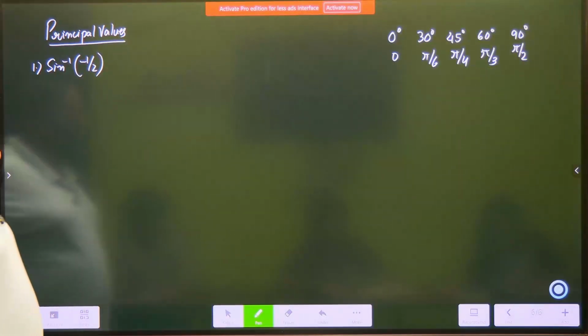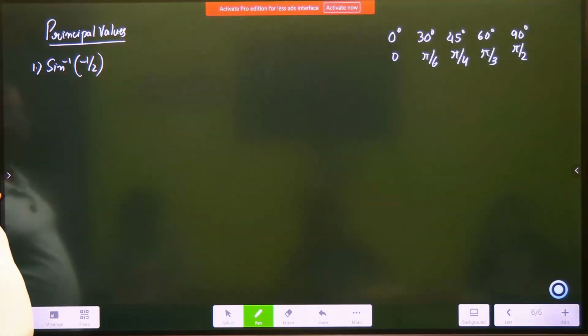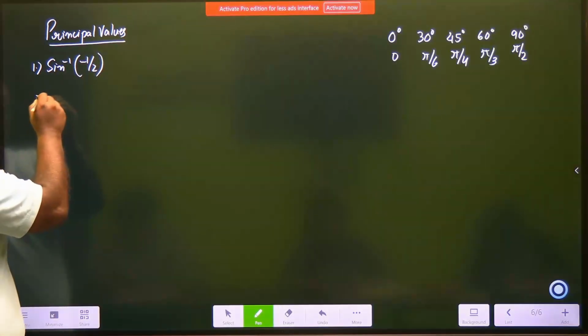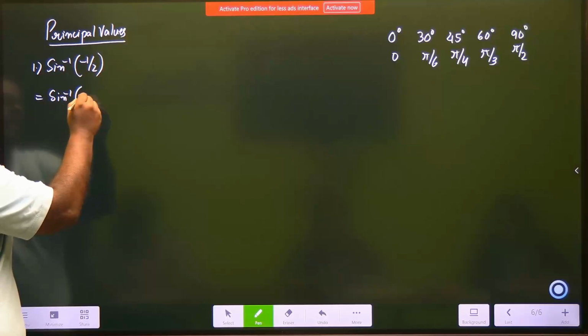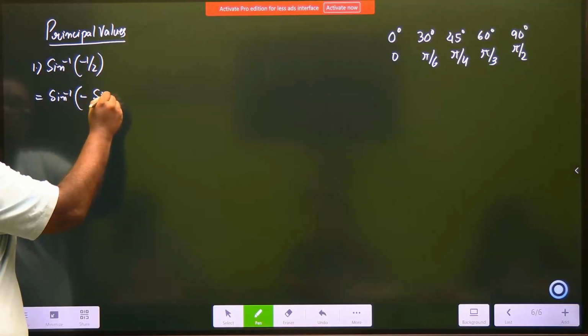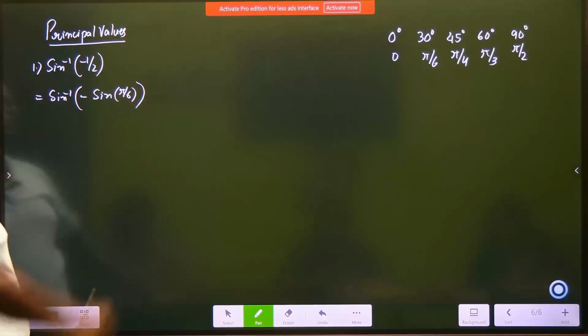Okay. Now half. Get me a value of sine which is half. Sine 30 is half. You remember? Sine 30 is half. So can I write this as sine inverse negative sine 30, which means sine pi by 6? Am I allowed to write this?